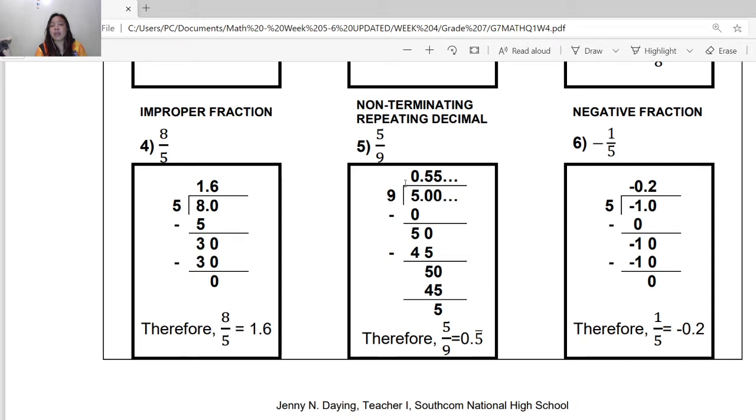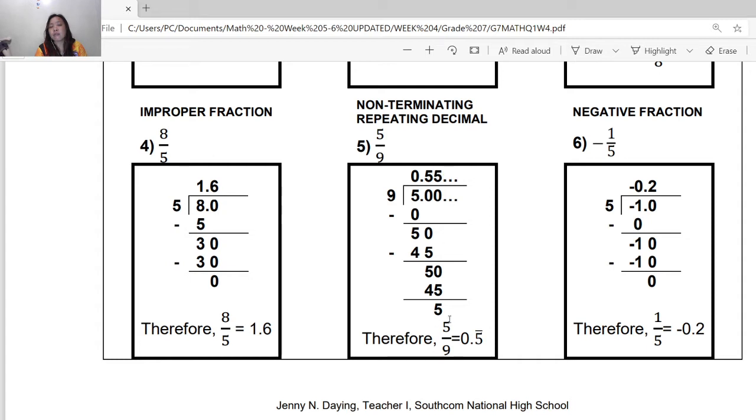50 divided by 9 is 5. 5 times 9 is 45. 50 minus 45 is 5. Bring down again, add 0 there and bring down 0. Again, you will have 50 divided by 9 is 5. Then again 45, subtracting, we have 5. Then if you add again 0, this will become 50 again. Then again divided by 9 is 5 again.